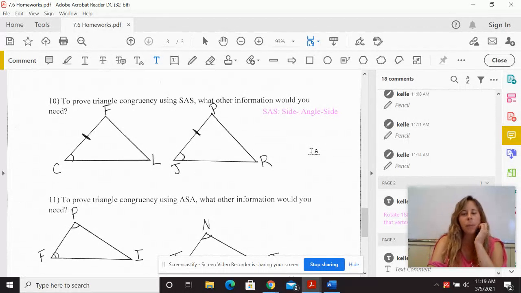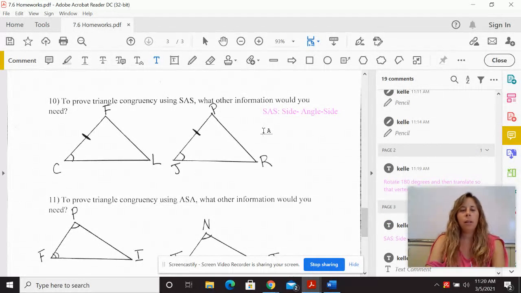Okay. So if we look at our triangles, what are we given? Well, we're given this side, FC, is congruent to PJ.